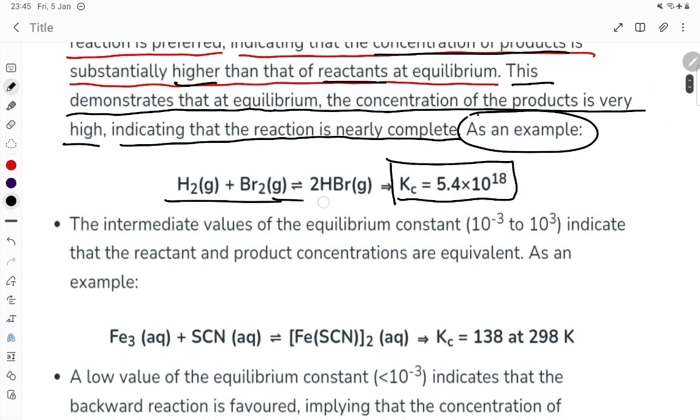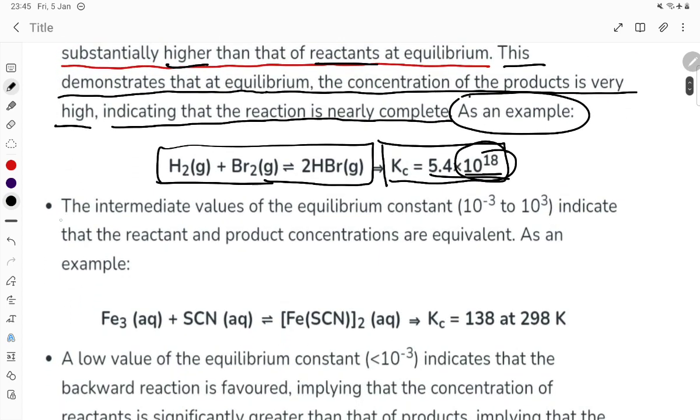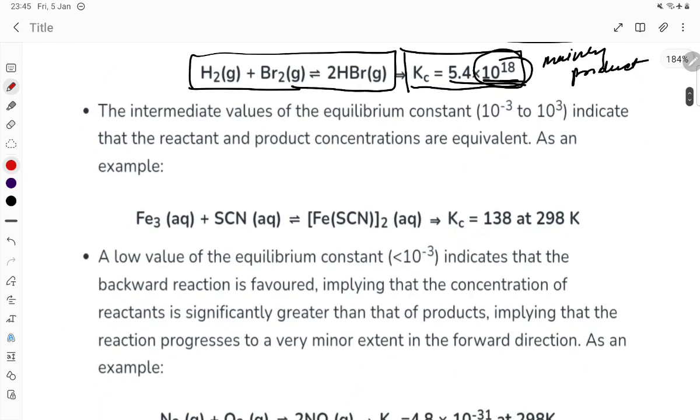H2 plus Br2 gives 2 HBr. Its value is 5.4 into 10 power 3. It is larger than 10 power 3 according to the concept, so it indicates that mainly product is there.